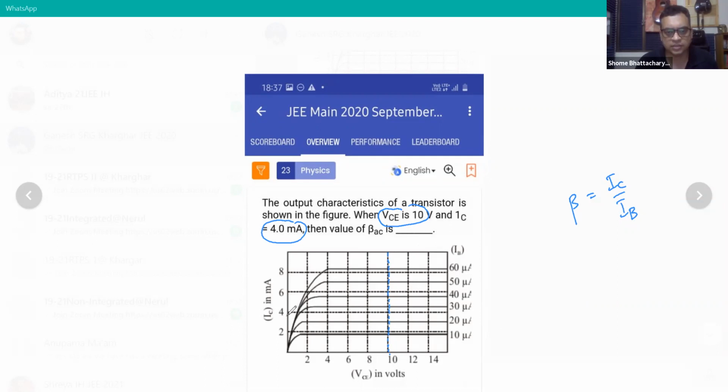So we are looking at the intersection of these two, the intersection of these two here is cut by what value of base current?